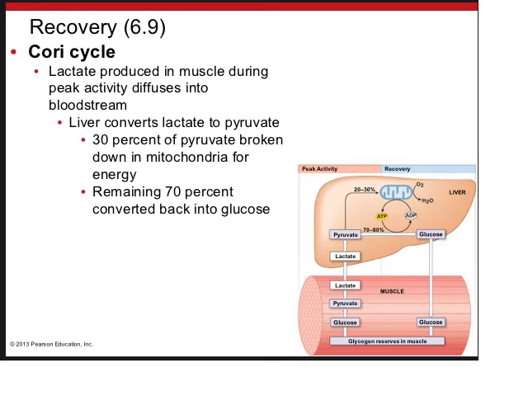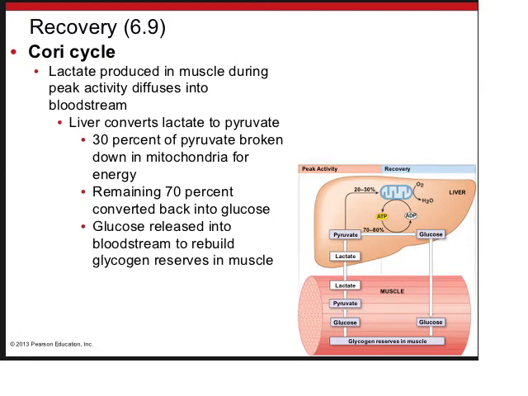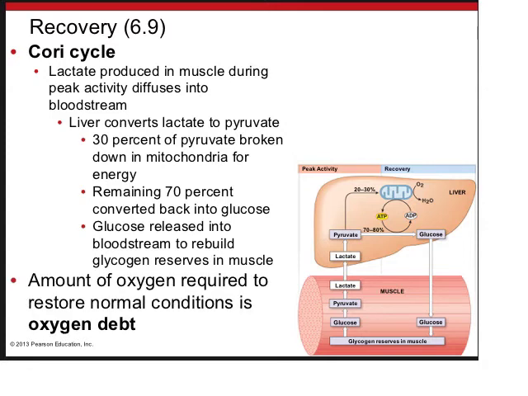The remaining 70% is transported back to the muscle in the form of glucose, which is eventually going to find its way to the muscle. The muscle will then use the glucose to restore its glycogen reserves and will also use a fair portion of it to generate energy. The amount of oxygen required to restore these conditions is what's called the oxygen debt. It's one of the reasons why after strenuous exercising you hyperventilate for a time.